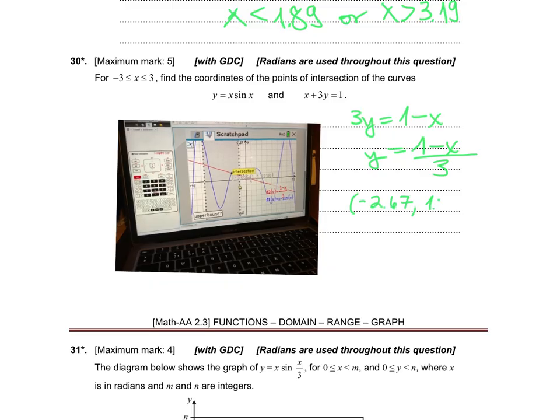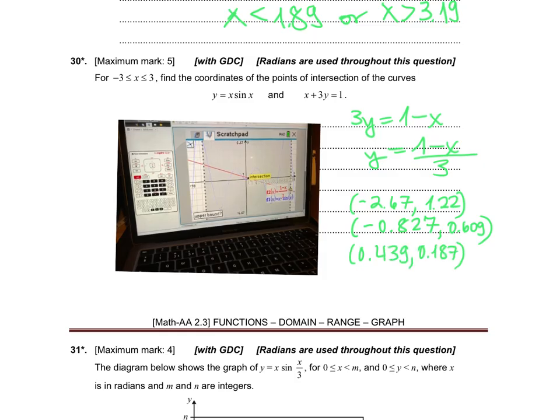-2.67, 1.22, that's 1. Then we have, okay, -0.827, 0.609. That's the next one. Okay, the next one is 0.439, 0.187.